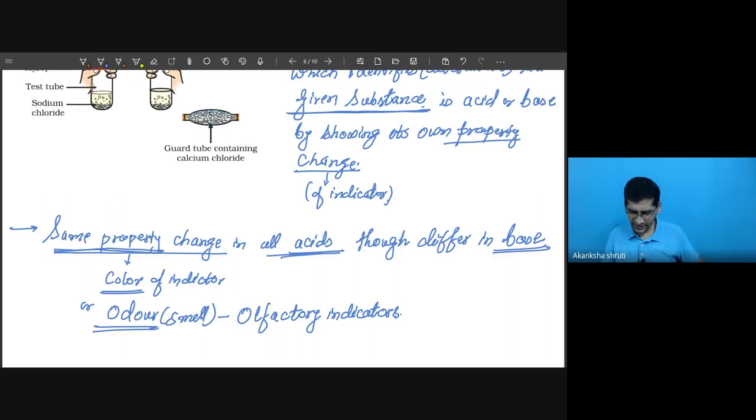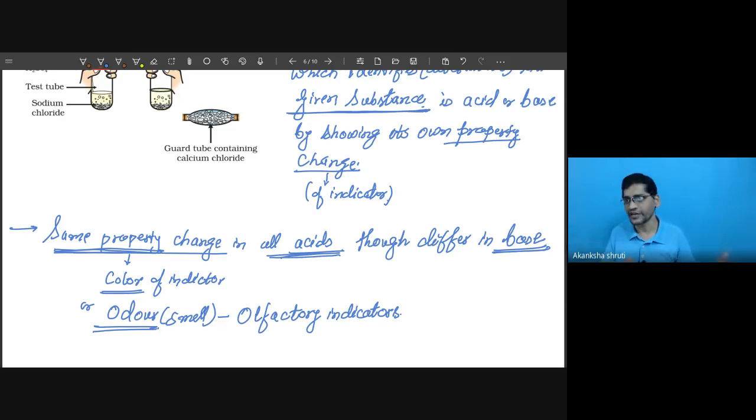So students, we have to keep in mind, whatever property change occurs in an acid will be the same in all acids. Whatever property change is given in a base will also be the same in all bases. But the property change we observe in acids will be different from that of bases.